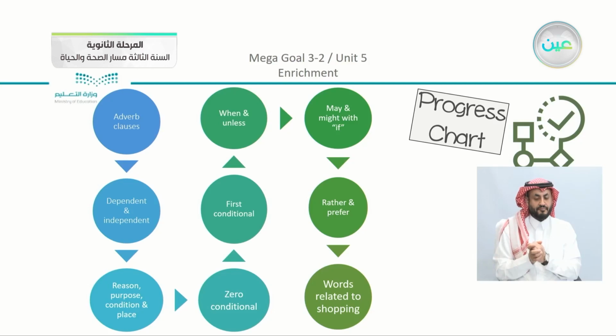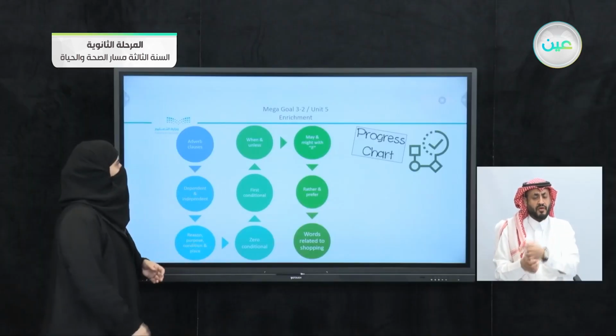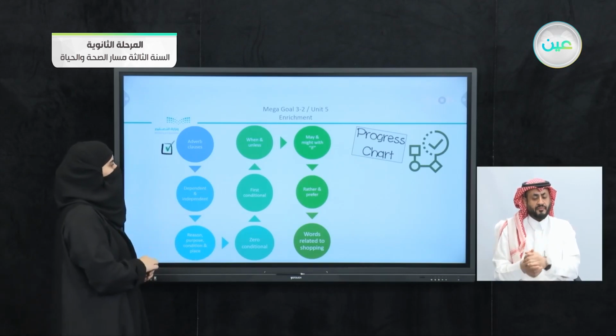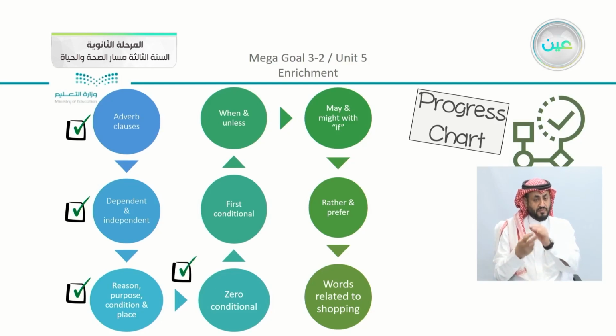Now, what did we study throughout our unit? We passed by all of these structures. You can see that we passed by the adverb clauses. We also differentiated between dependent and independent. We have the reason, purpose, condition, and place meanings that we also applied. We also passed by when and unless, zero conditional actually. Then we have the first conditional and using when and unless in sentences.